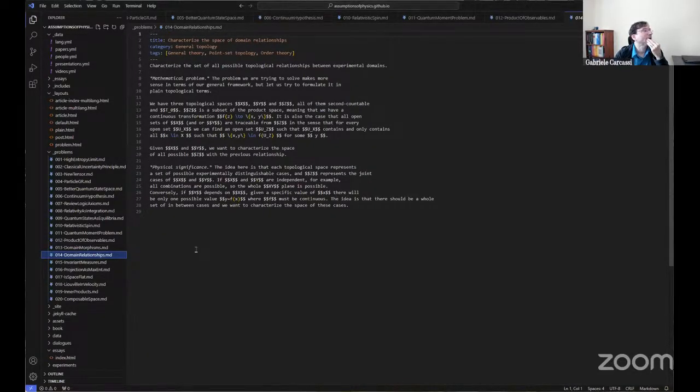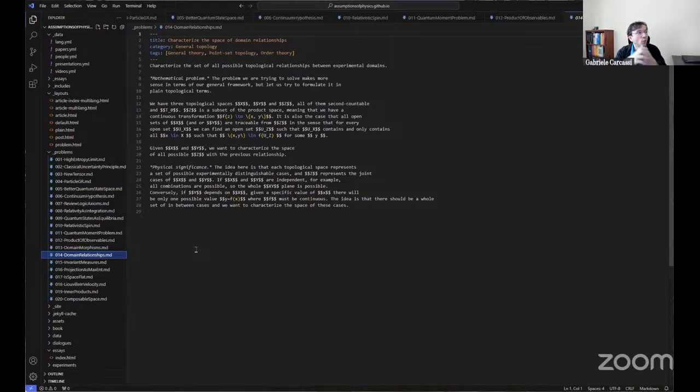Then the next one: characterize the space of domain relationships. This is basically a problem in topology. So characterize the set of all possible topological relationships between experimental domains. Again, we have two experimental domains, so something about position and momentum, or vertical direction and horizontal direction. You put them together and you have the joint domain of statements of things that you can say about these things.